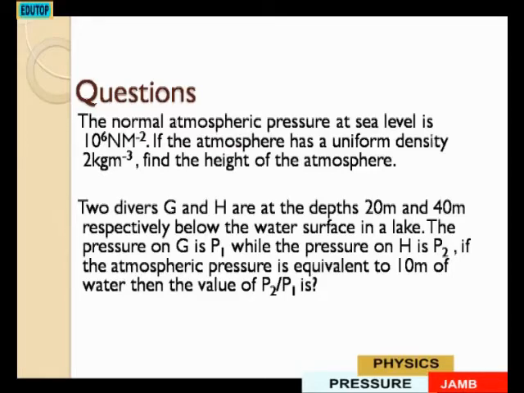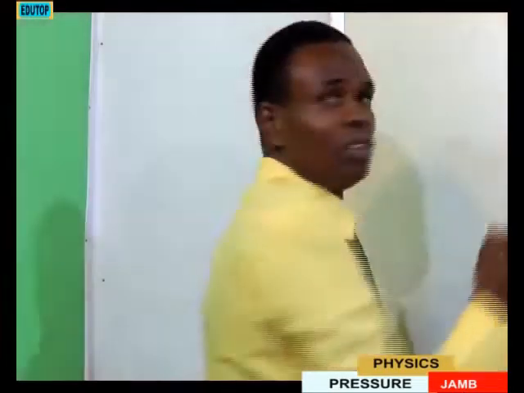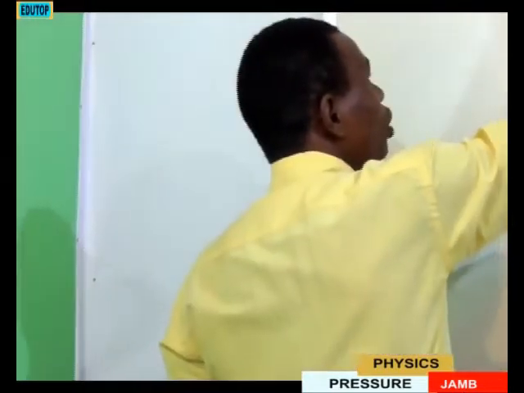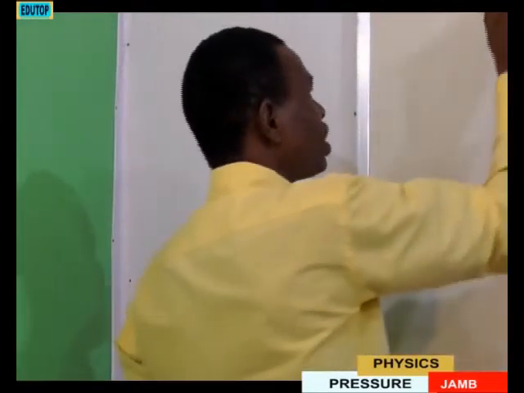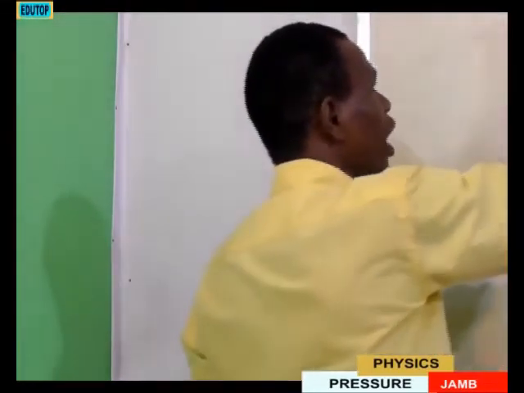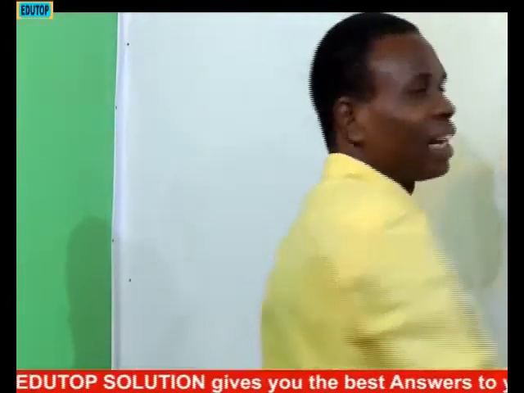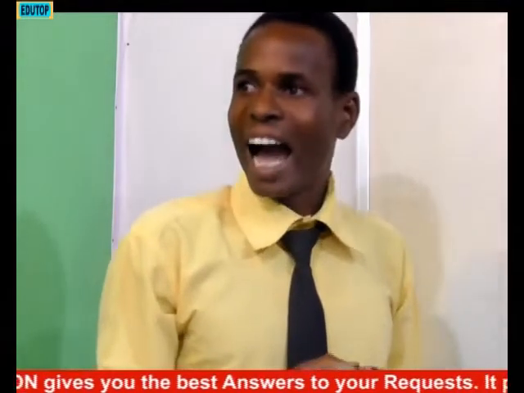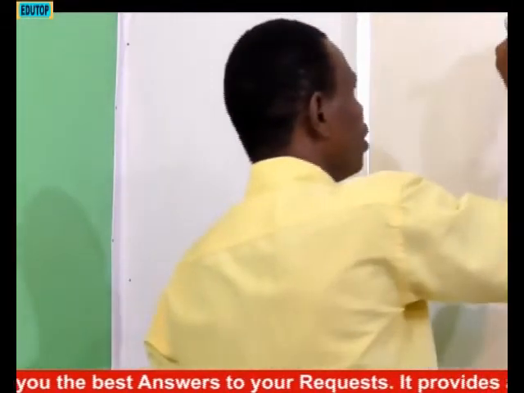Let's take it one by one. The pressure is equal to 10 raised to the power 6 Newton per meter squared. Then we have the density equal to 2 kilogram per meter cube. That is the value we are given. Then we are looking for the height of the atmosphere.